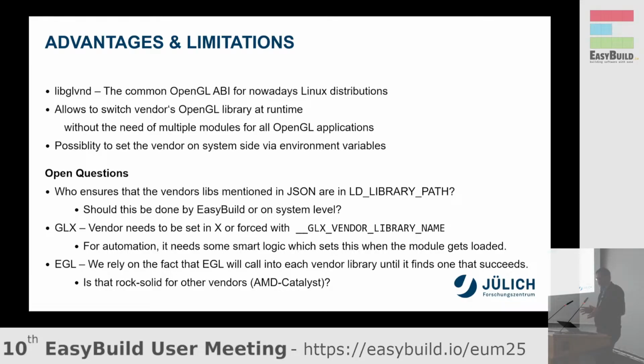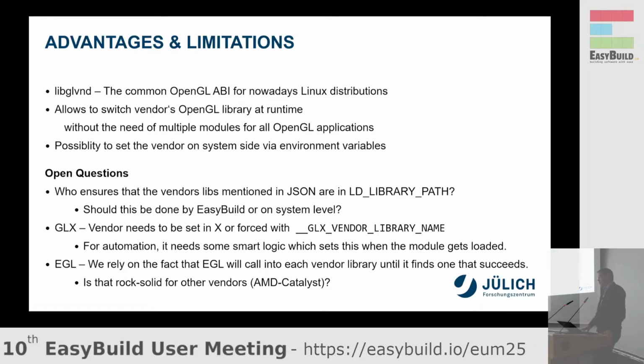The open question is who ensures that the libraries listed in that JSON file are in the LD library path. Is it EasyBuild itself, which has to come with a module and put it in, or is it on system level? That's something to think about. On our side, it's on system level, so it's easy. And when it comes to GLX, as I said, the X server or X screen defines which vendor is taken.